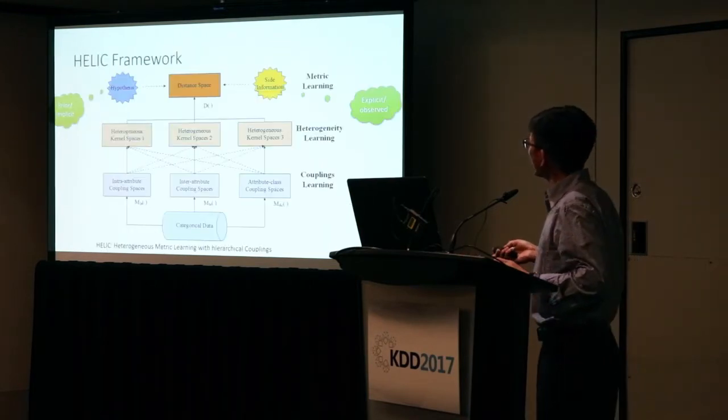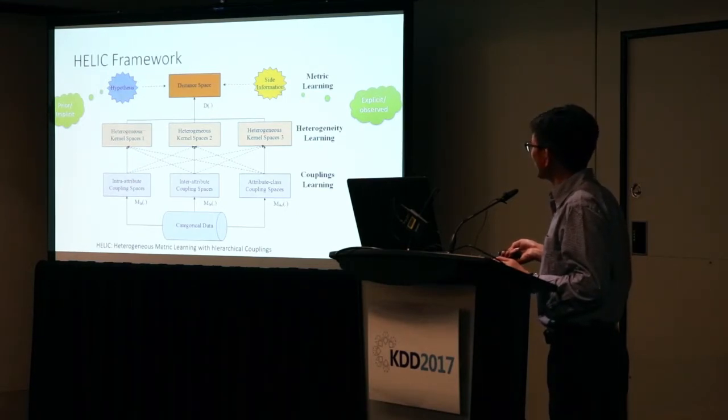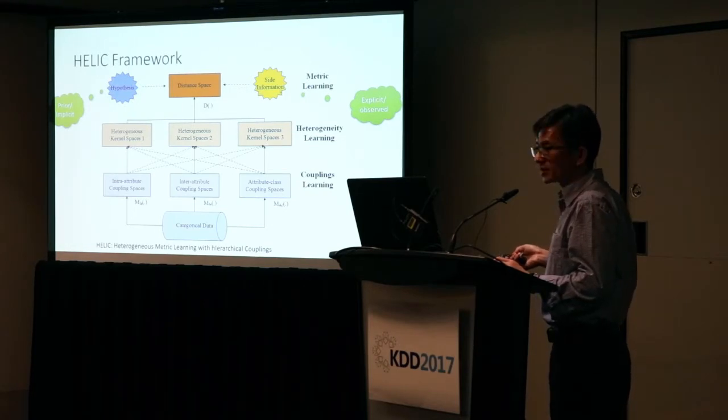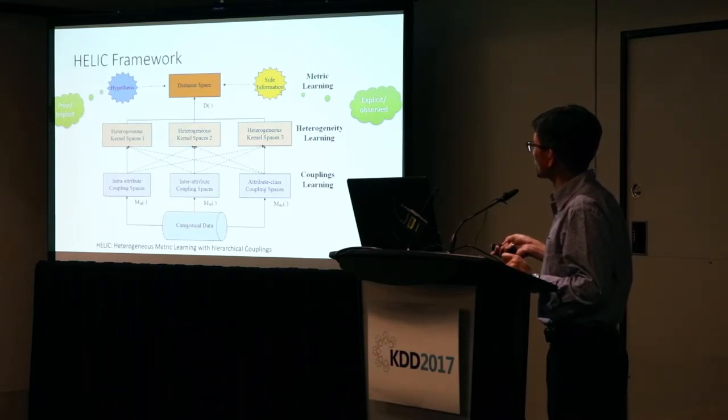So how do we make it? We create a framework called heterogeneous metric learning with hierarchical coupling. So the idea is like that: given the categorical data, we look at the hierarchical coupling relation.